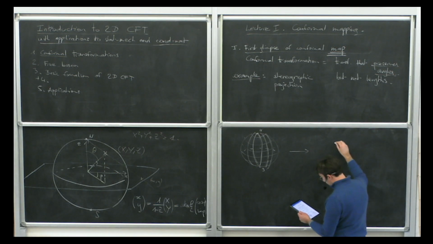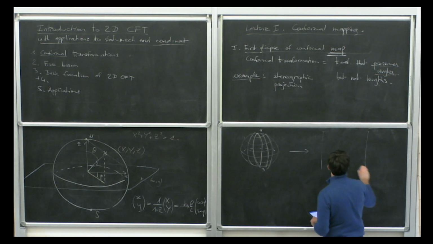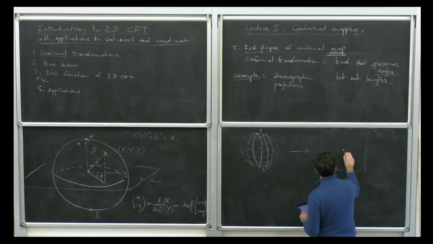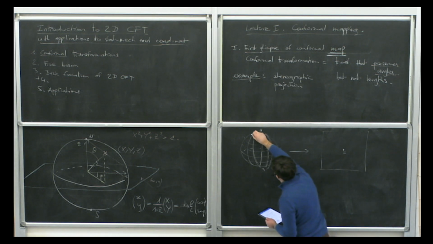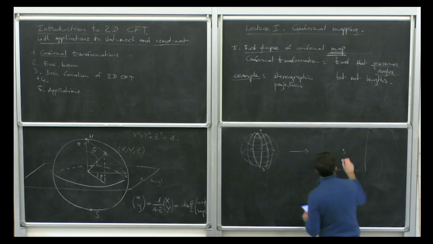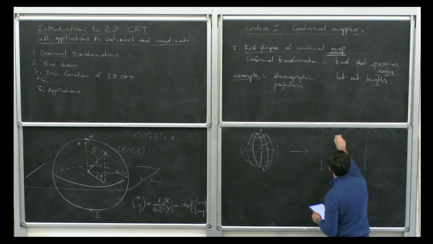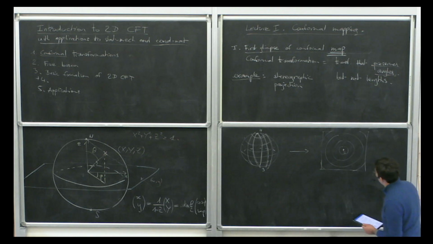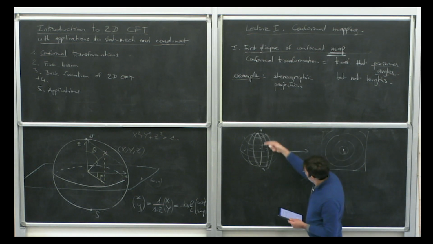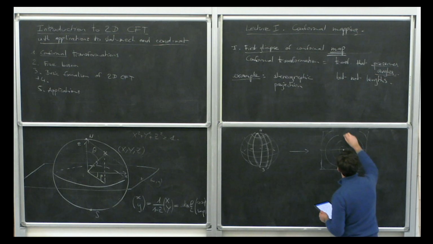Okay, so this then gets mapped to the plane. So the South Pole would be mapped to the origin, and these horizontal lines here get mapped to concentric circles centered on the origin, and these lines here get mapped to straight lines, like this.